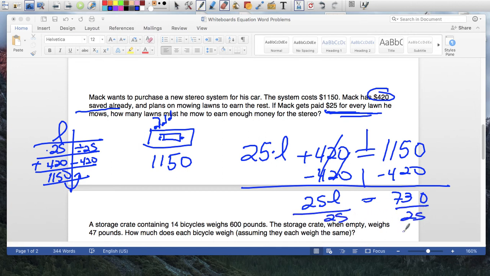Alexa, what's 730 divided by 25? 730 divided by 25 equals 29.2. So he needs to mow, well, 29 lawns for sure, and he needs a little bit more, right? But he can't just mow a little bit more, so he needs to actually work 30 more times. Okay.